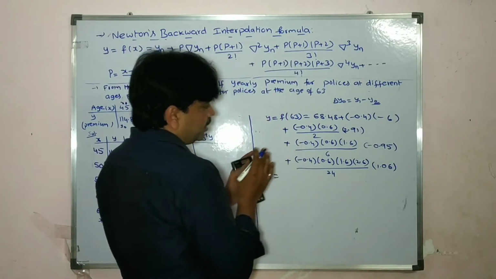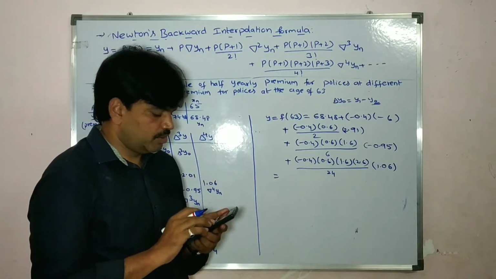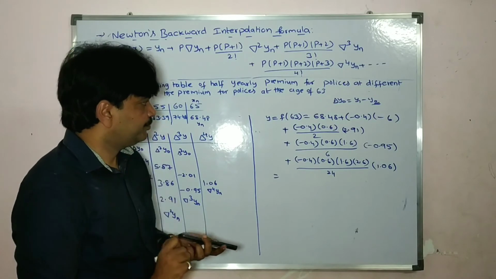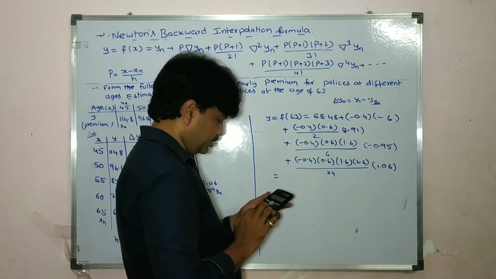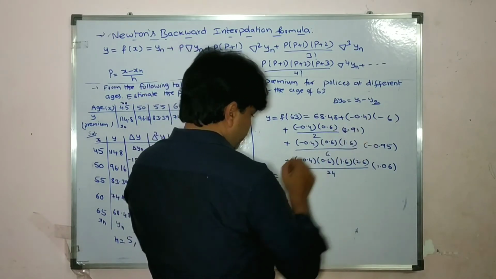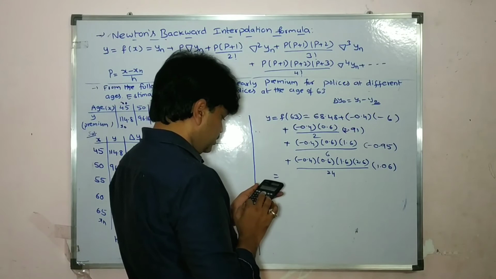All the values you calculate by operating in the calculator, students. Come on, do it. What is the first value? 68.48 plus minus into minus, plus 0.4 into 6, students.